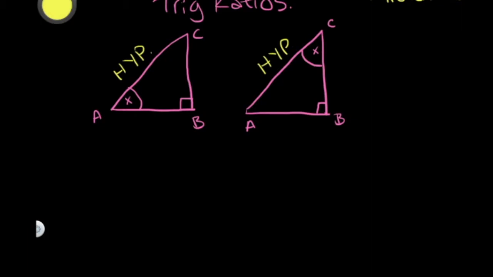Now, depending on the angle that we're looking at, that's going to change what we call the different legs of the triangle. If we're looking at this angle right here, this X, the side that is directly across from this angle we call our opposite. It is opposite the angle we're looking at. And so we'll write opposite.